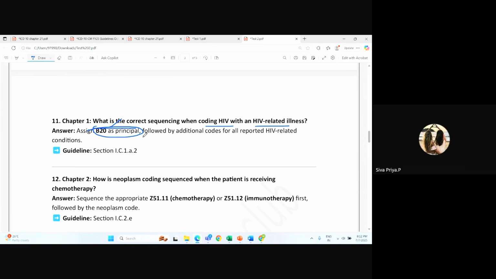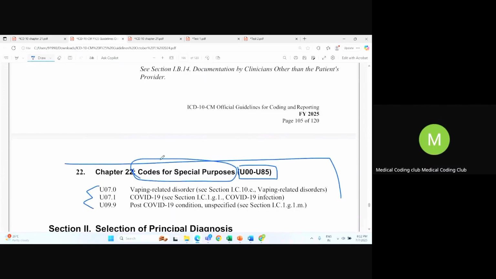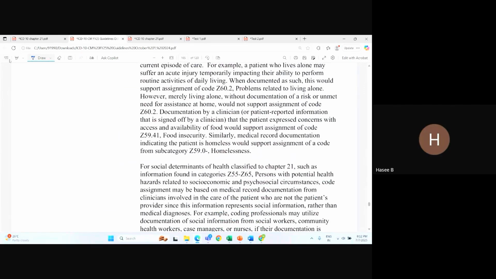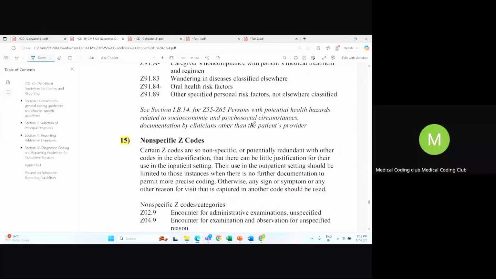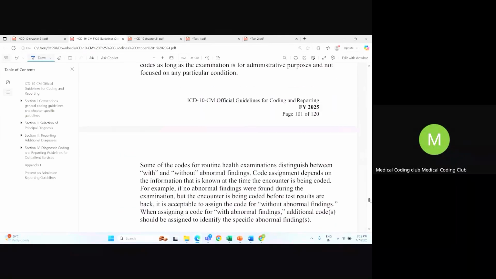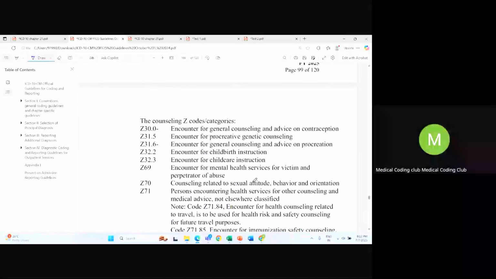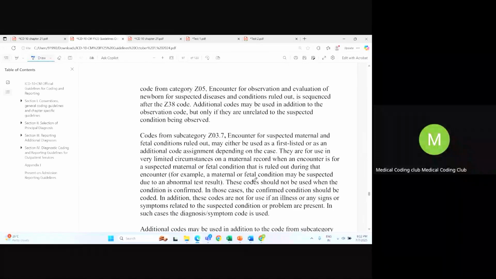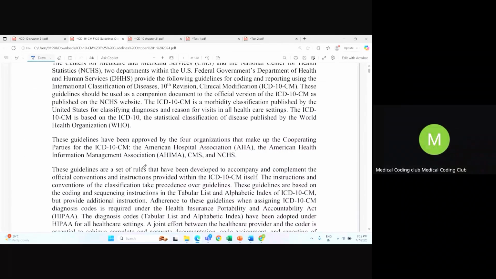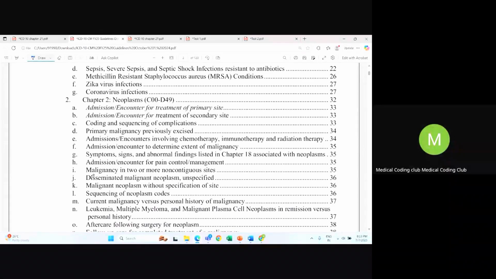The exception is the same: whatever you follow for an unrelated condition, the same thing you will follow for the particular condition.